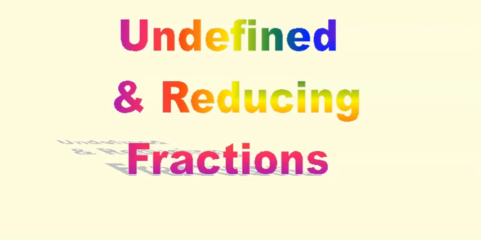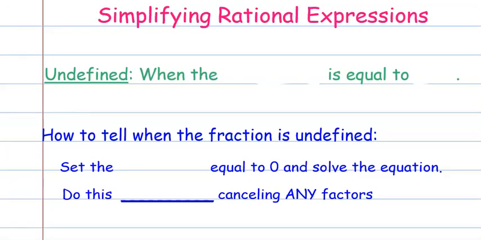But we're going to first talk about what makes an expression undefined, or an equation undefined. So undefined is when the denominator is equal to 0. You might have seen this before. We talked a little bit about it in Algebra, not so much in Geometry.